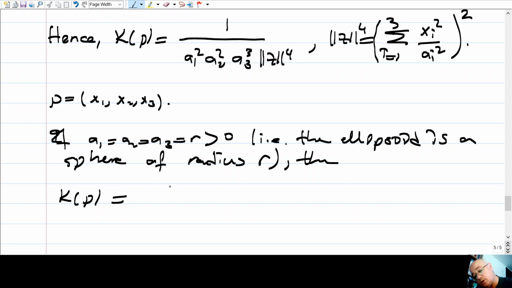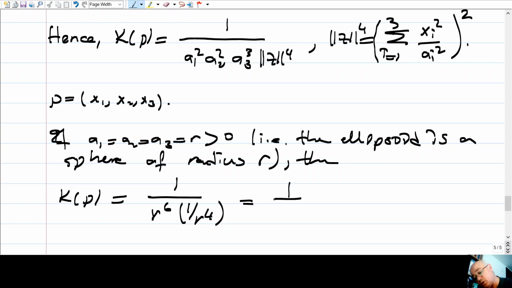So this becomes 1 over r to the power 6 times this quantity, and this quantity, if you compute it, is 1 over r to the power 4, because these are just r, and the xi's will be 1, so you will get 1 over r to the power 4.